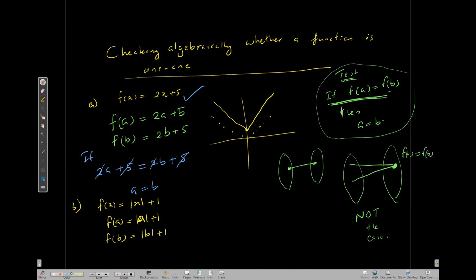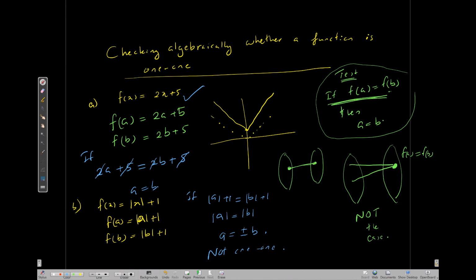Now if these two are equal, then the 1 will cancel, and the absolute value of a equals the absolute value of b. Now when you simplify, a is going to be plus or minus b, so that is not one-to-one.